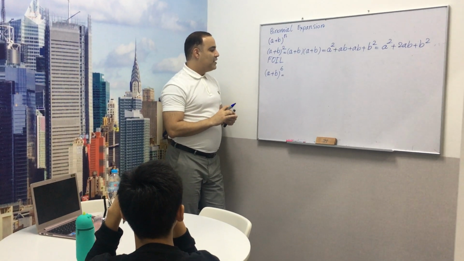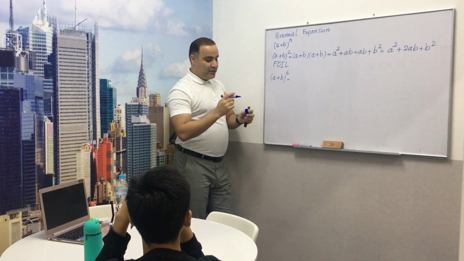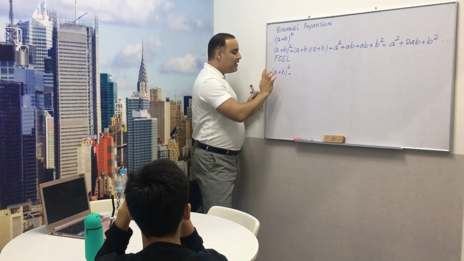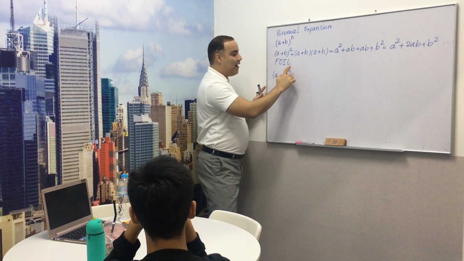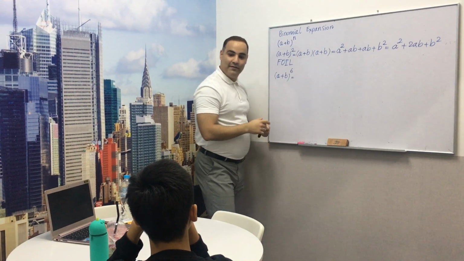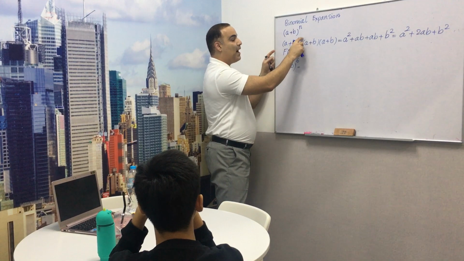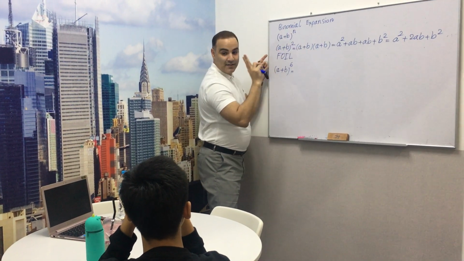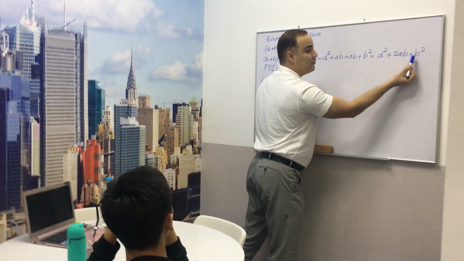I just explained it in the easiest way. So what do we do when we raise a binomial expression to the power of n? How many terms will we end up with? This is a plus b, a binomial to the power of 2. So n is 2. How many terms do we have in the end? 1, 2, 3.